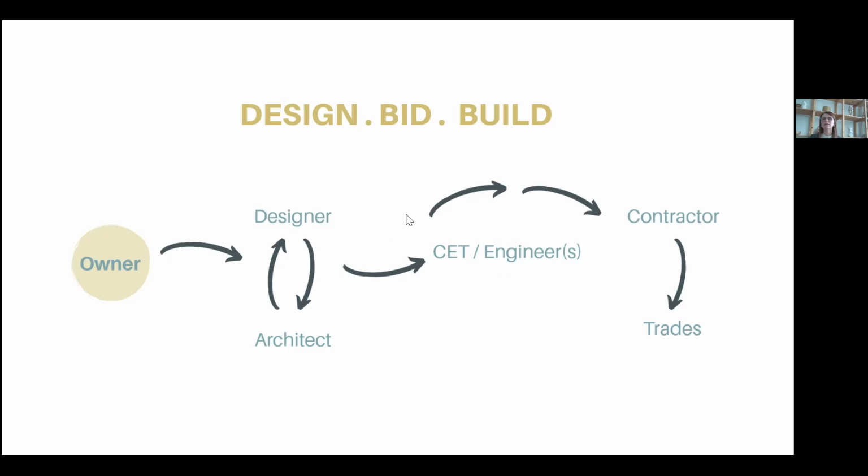And then at the same time, as these drawings are being done, as the design is being done by the design team, which is here, then we start to get the bids done, which is happening here. We have tendering, which happens with the contractor in tandem with the trades, and then we build. So again, very sequential.